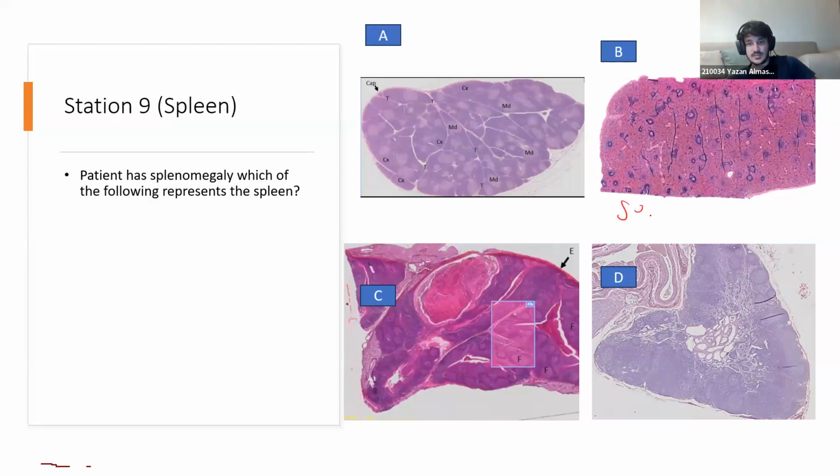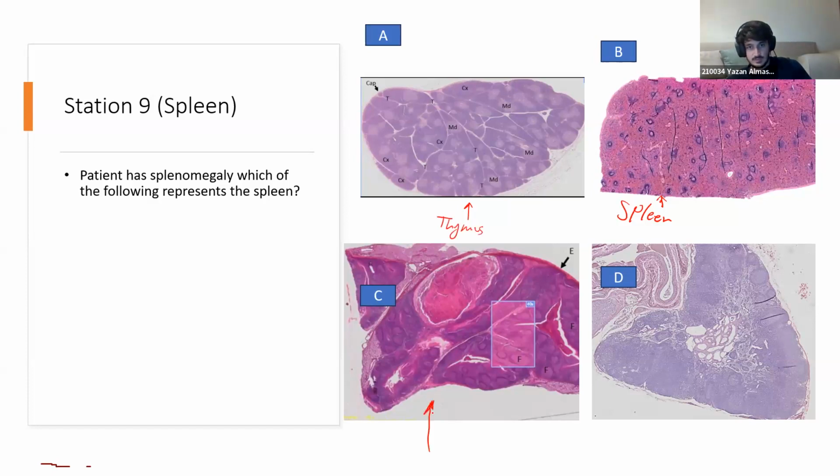Because this could come. So this is a spleen. Does anyone know what's this? Thymus? Yep, that's the thymus. Perfect.